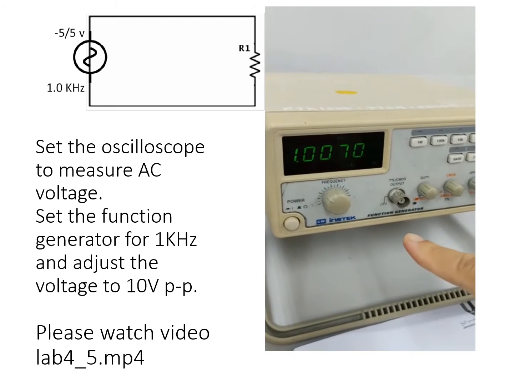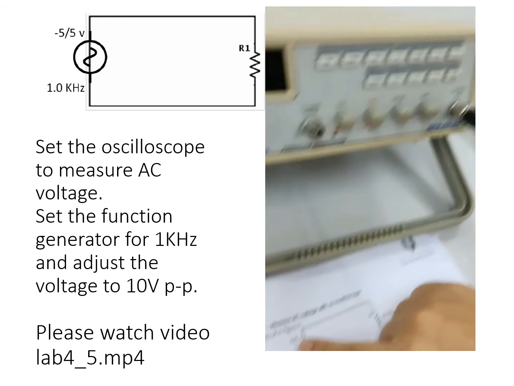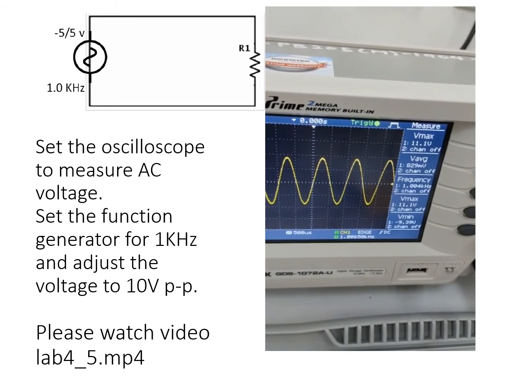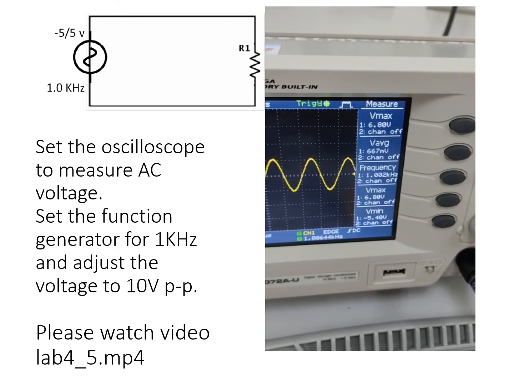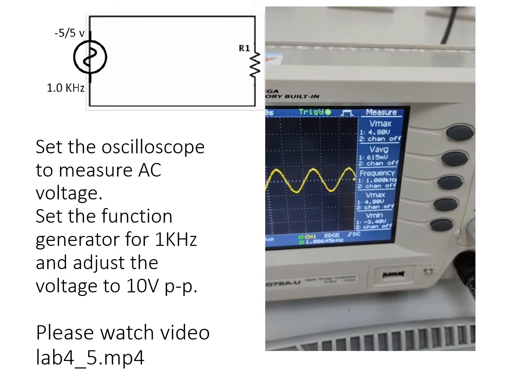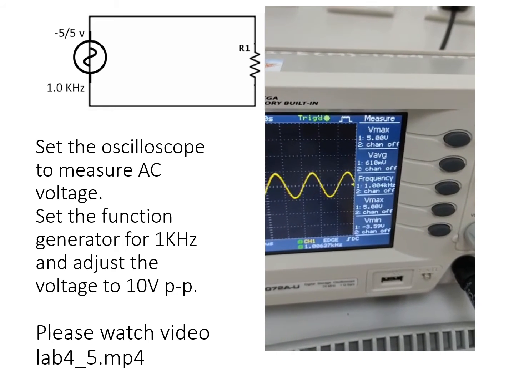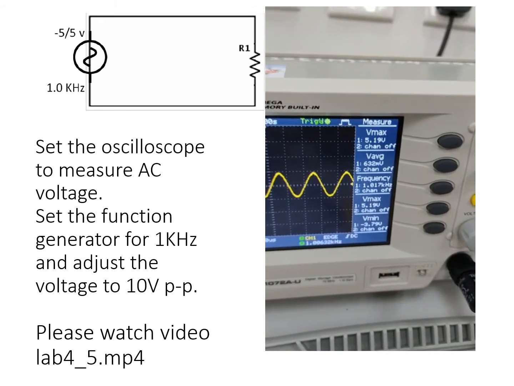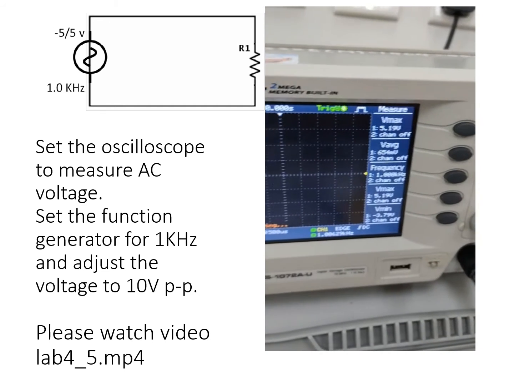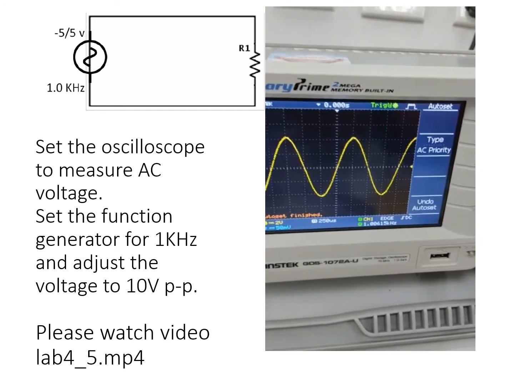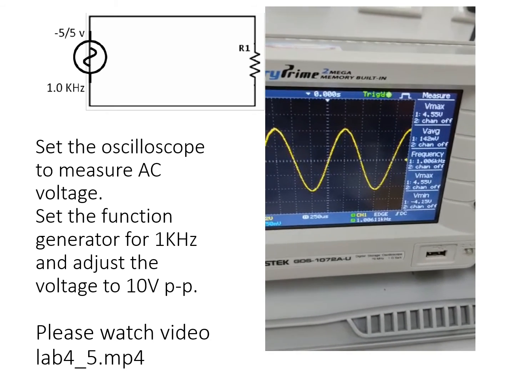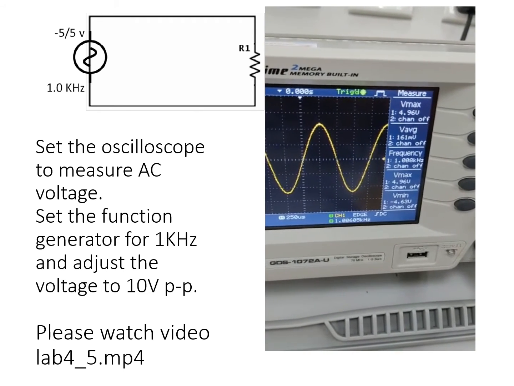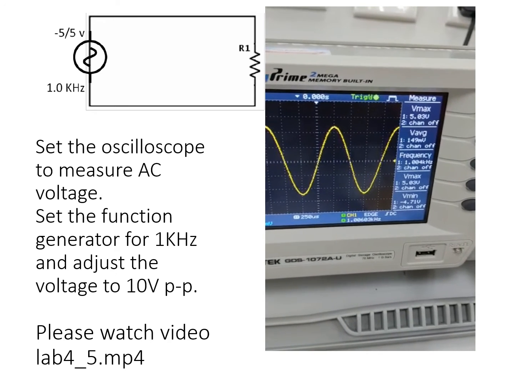It is about 1 kilohertz, and finally we need to set the amplitude to minus 5 to 5 volt. So it is about 5 volt now.